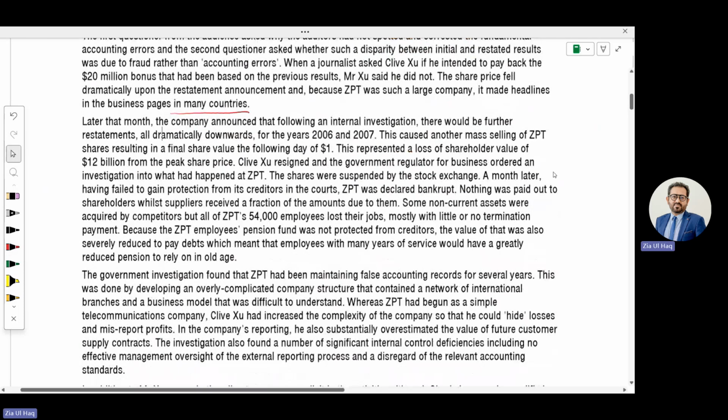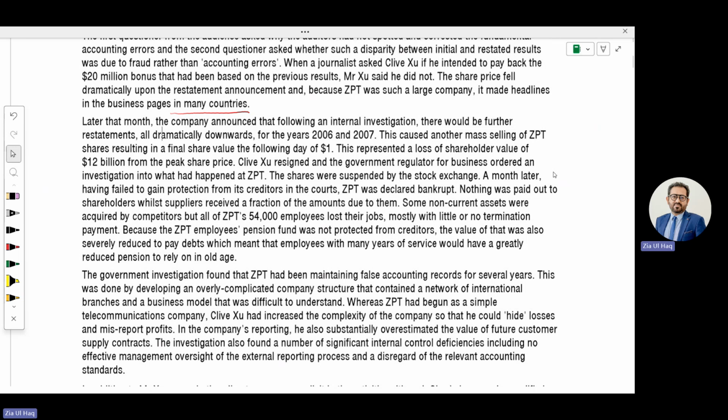Later that month, the company announced that following an internal investigation, there would be further restatements, all dramatically downward, for the years 2006 and 2007 as well. And those effects will be reflected in the current year financial statements. This will affect the results even more negatively.